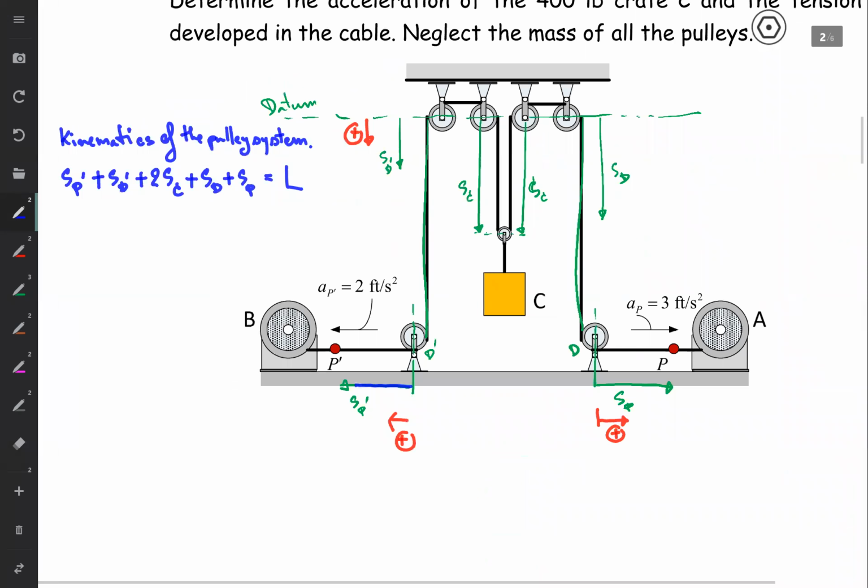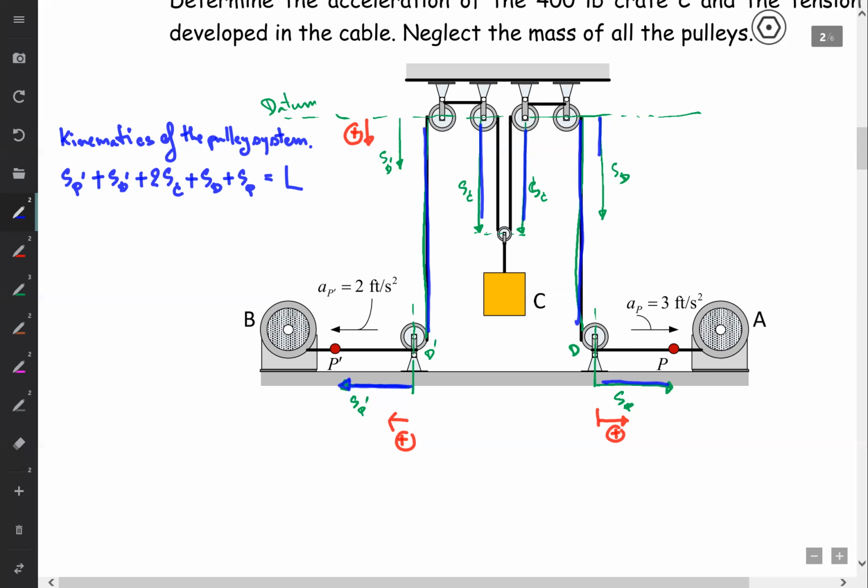So that means we consider the cable is this line plus this line and this, and also this line, and this.